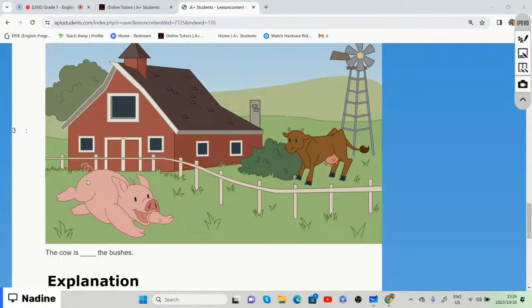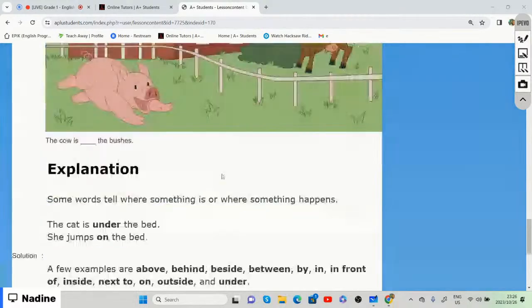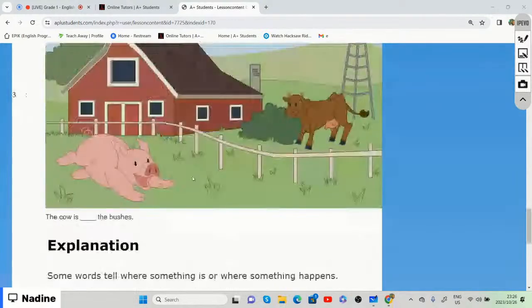So the cow is, we can say, next to the bushes. Because if this is the bushes over there, where you can see my cursor, and there is the cow, then we can say it is next to.